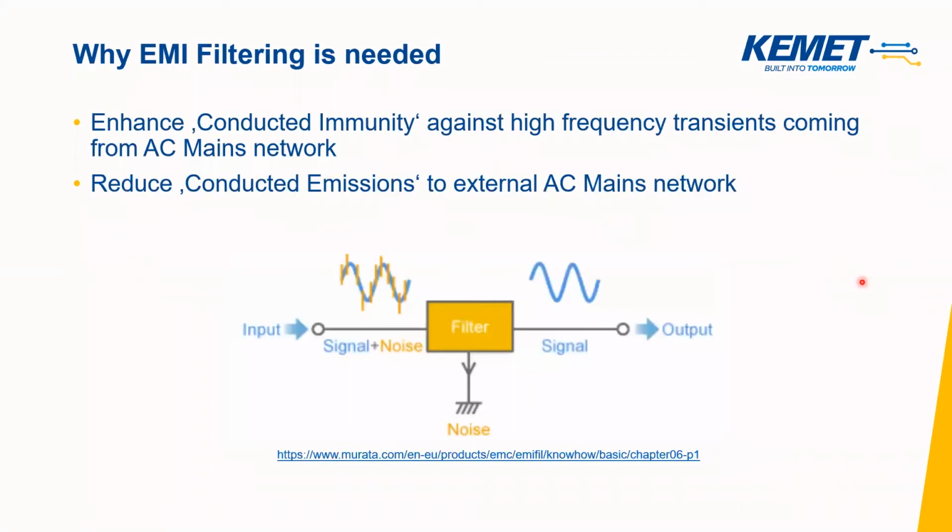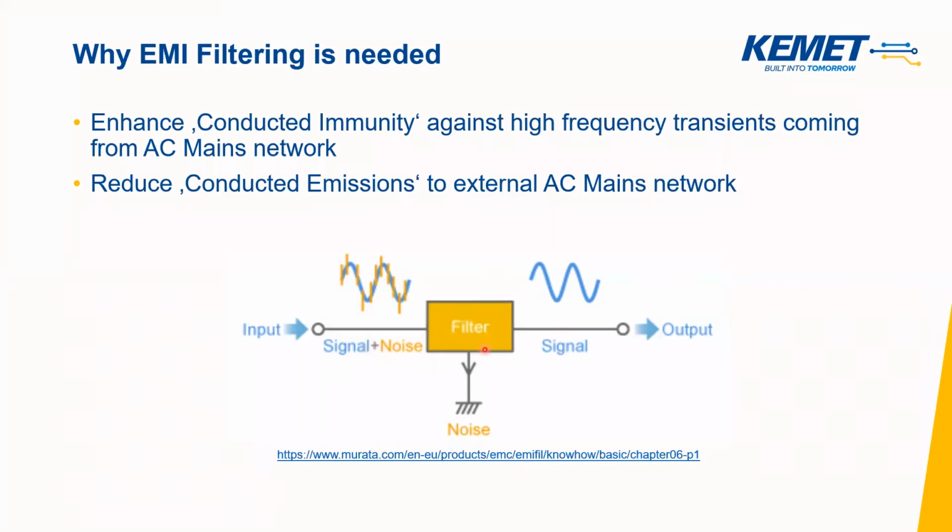So why is EMI filtering needed? Well, to make the end device immune to high frequency transients coming from the AC mains network, and to make the AC mains network immune to high frequency transients coming back from the device to AC mains. So not only is the filtering block preventing inward flow of disturbances, but in many cases it also prevents an outward flow of disturbances.